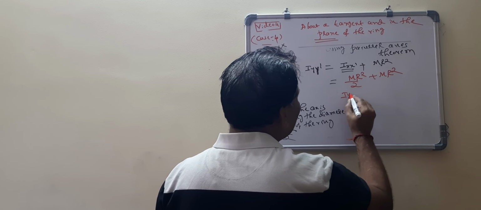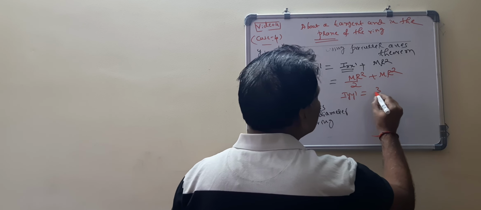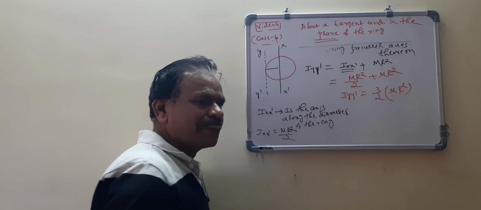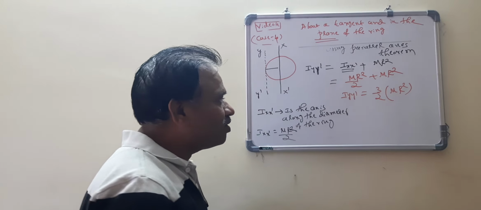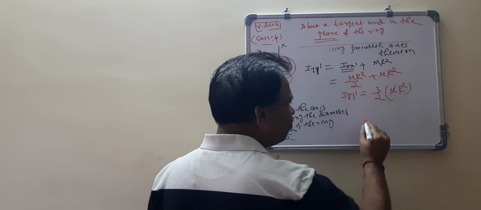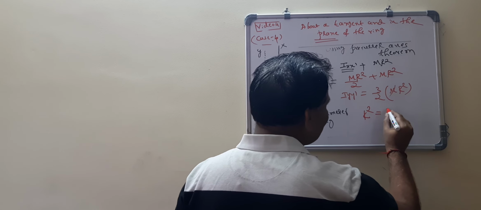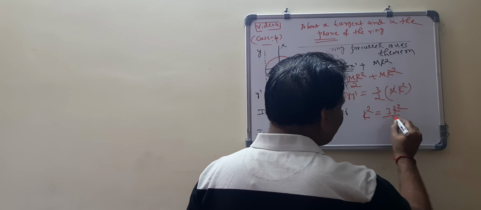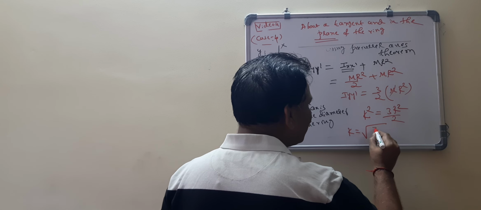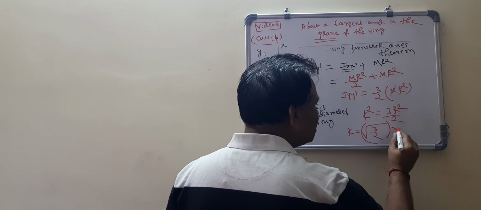So that I y dash equals 3 by 2 into m r square. Here, what is the radius of gyration? Except the m term, k square equals 3 r square divided by 2. Therefore, k equals square root of 3 by 2 into R.